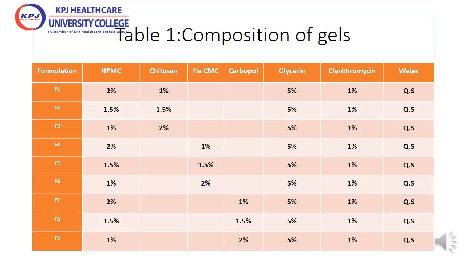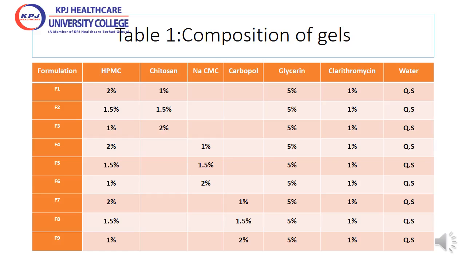This is the combination of various formulations that we prepared. Actually, a total of 9 formulations were developed using a polymer composite. The final percentage of the polymers was 3%. As you can see, HPMC chitosan, HPMC sodium carboxymethylcellulose, and HPMC carbopol were the 3 combinations used in appropriate ratios to make the final percentage of the polymers 3%.